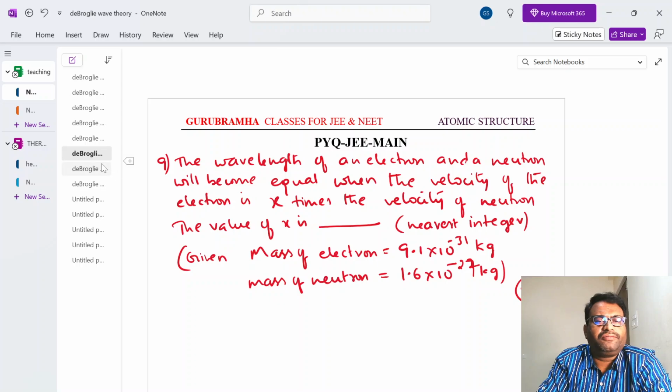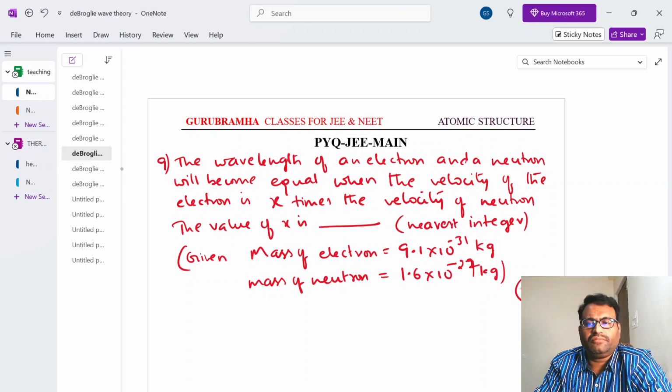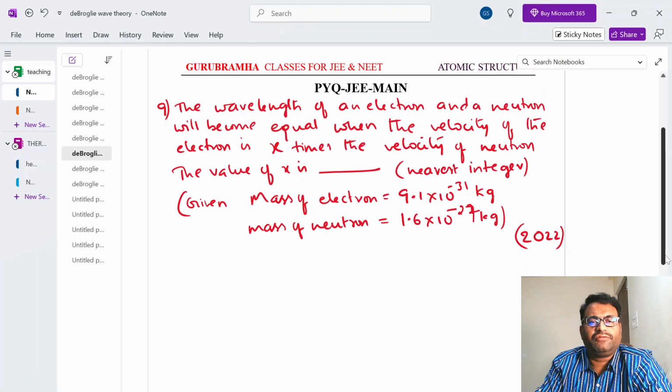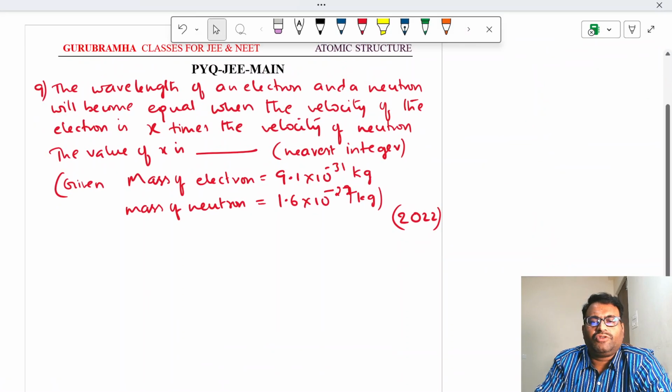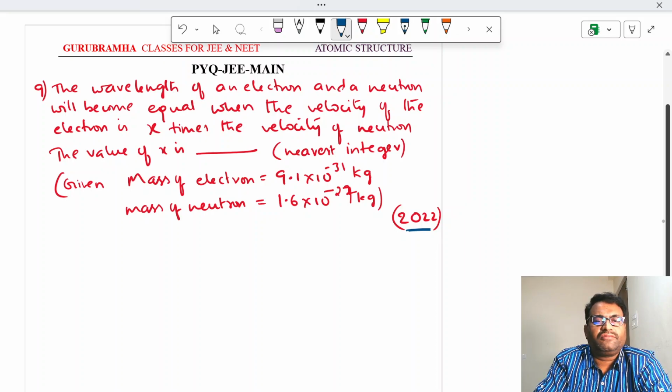Next, coming to a question asked in 2022. The wavelength of an electron and a neutron will become equal. We know that wavelength formula, lambda is equal to h by mv.